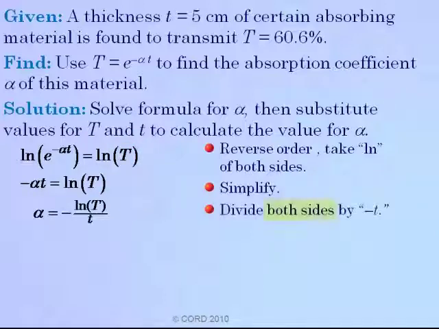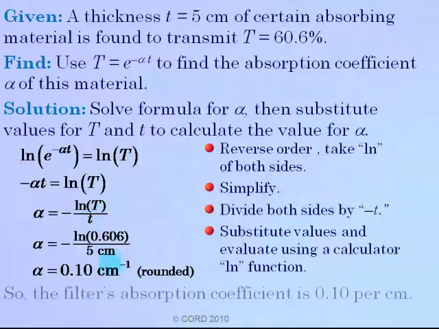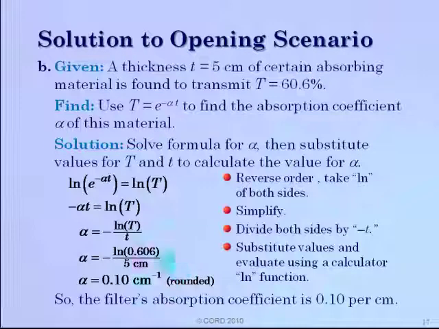Now we need to get the alpha by itself, so we'll divide both sides by negative t, and we're left with alpha equal to natural log of T divided by t. Now we can substitute in our value of 60.6%, or 0.606, for the capital T and our thickness of 5 centimeters and evaluate that expression, and we'll get alpha is equal to 0.10 per centimeter.